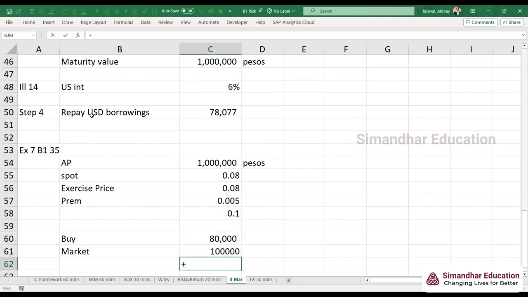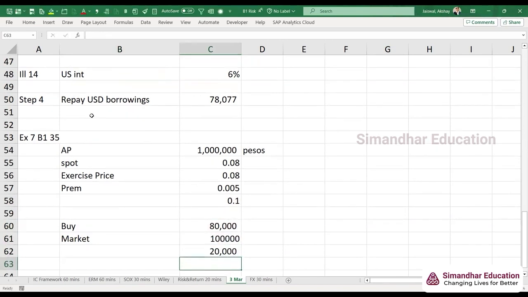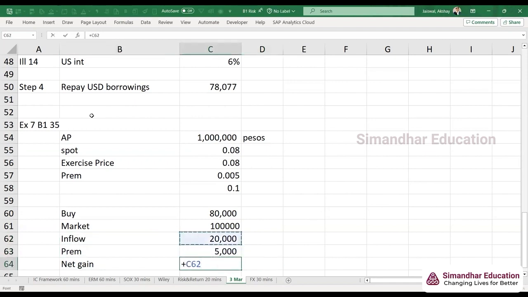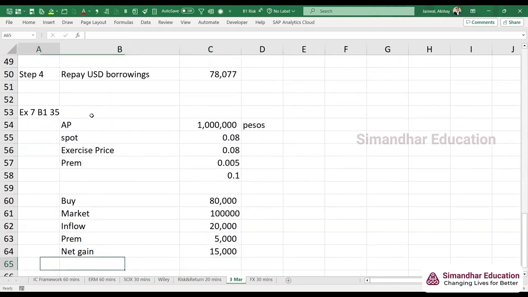We would have to pay 100,000. So our gain is 20,000. But this is not our net gain because we paid a premium also, right? So this will be the inflow, and net gain after premium will be 20,000 minus 5,000. Is it clear, guys? Is it clear to everyone?